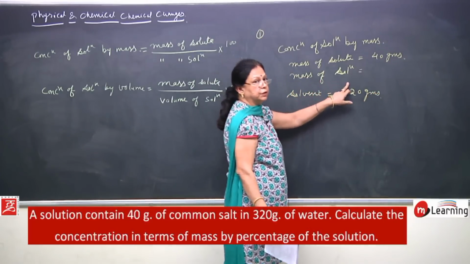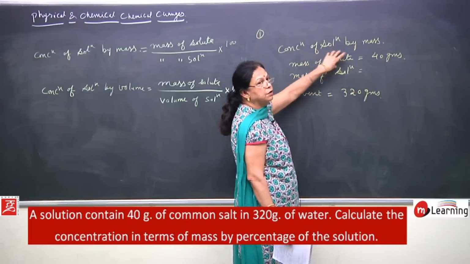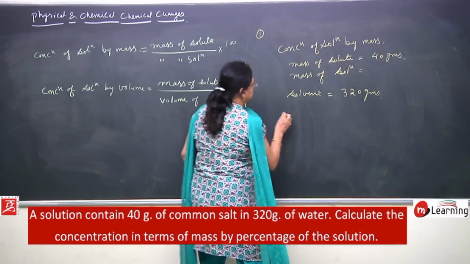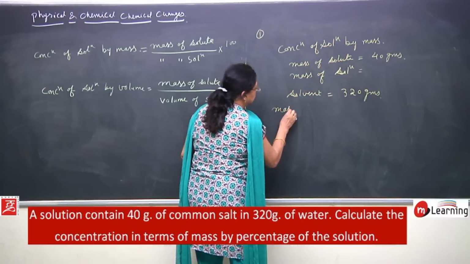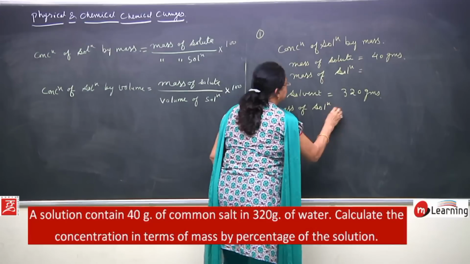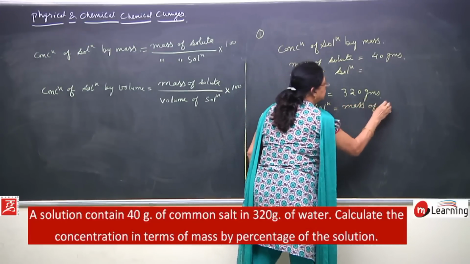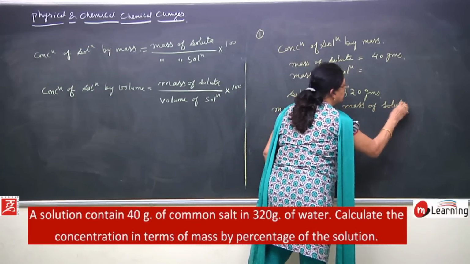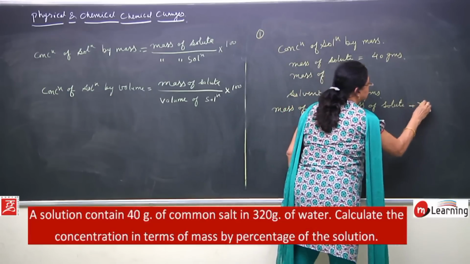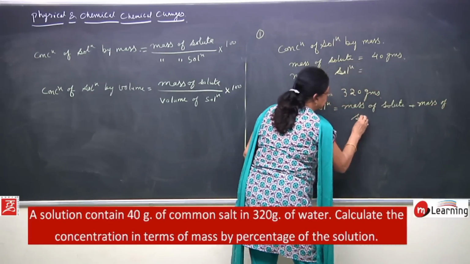Mass of solution. Mass of solution means mass of solvent plus mass of solute, right. So, mass of solution is equal to mass of solute plus mass of solvent.